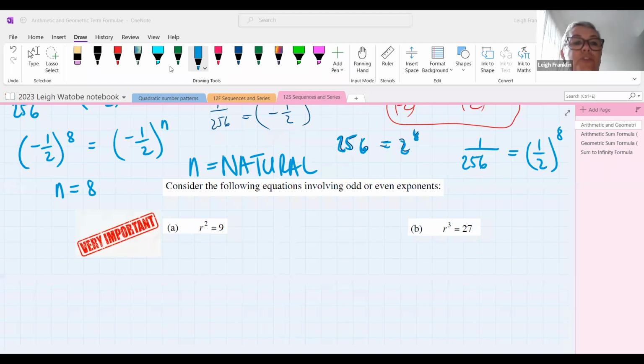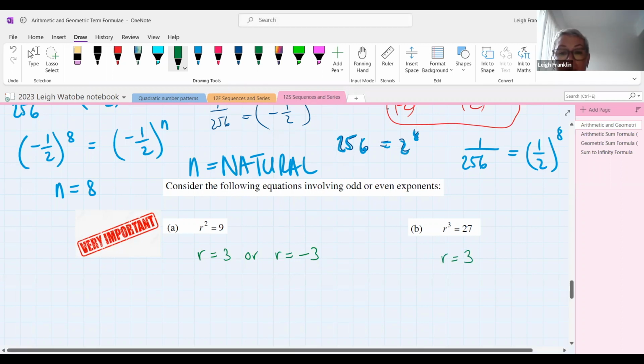In question A, if r squared is equal to 9, then r is equal to 3 or r is equal to -3. There's more than one answer in this situation. Over here, if r cubed is equal to 27, then r has to be equal to 3. I'm going to take the cube root on both sides. Here, I'm going to take the square root on both sides.